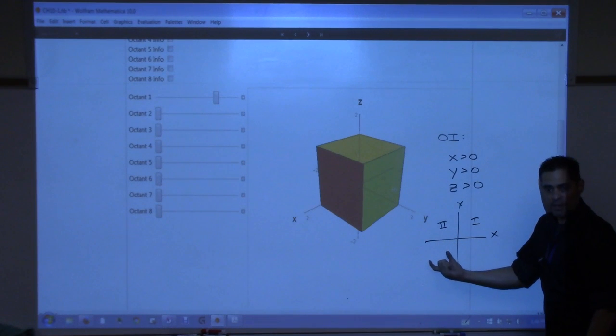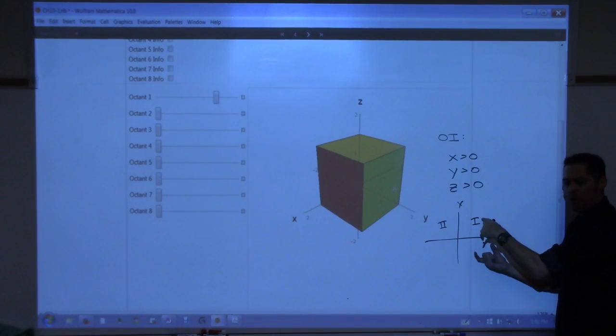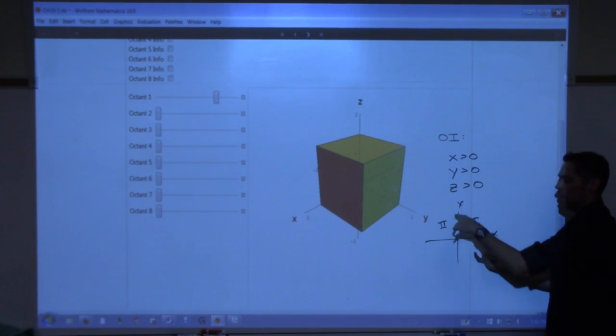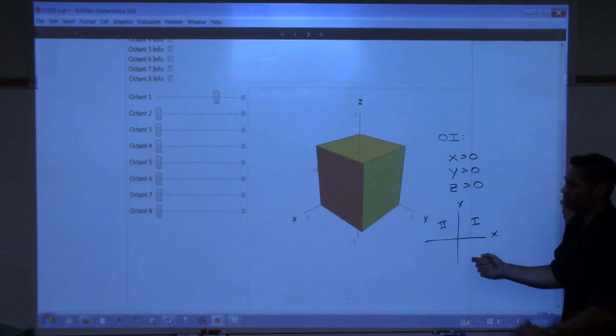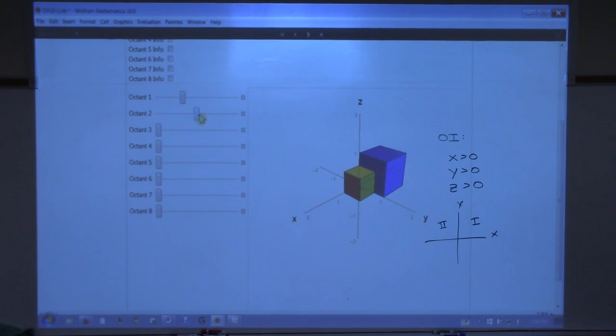Then octant 3, octant 4, and then when we go to octant 5, we're going to go below octant 1, and then below octant 2. So I'm going to bring them up here for you. There's octant 1. Octant 2 is back there. Do you agree with that? Does that make sense that it would be there? If we look at this from the top, that's what I was trying to say.